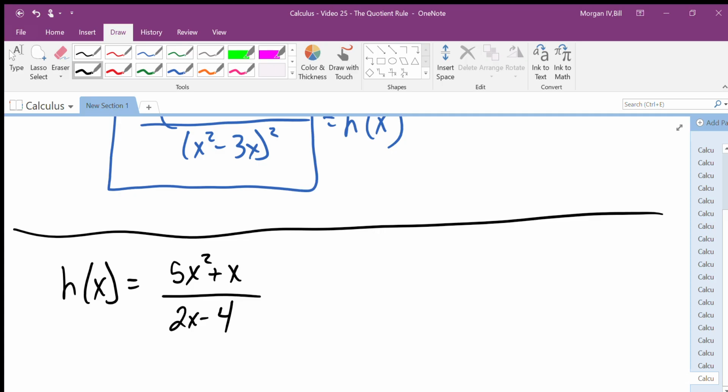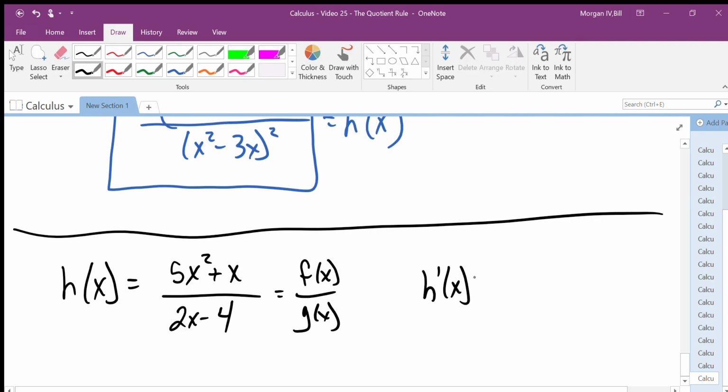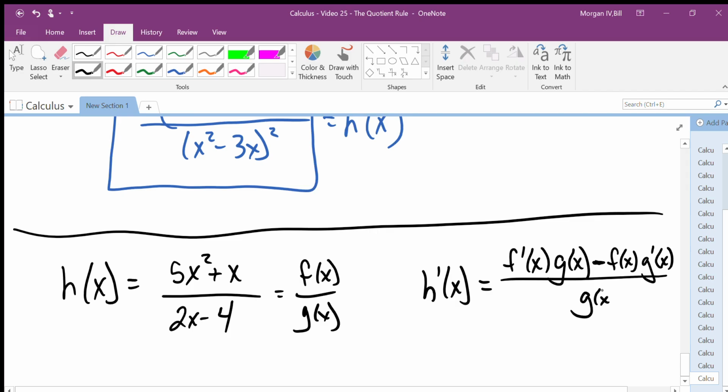All right, we're going to think of the numerator as f of x, the denominator as g of x, therefore h prime of x, just writing out the quotient rule again. F prime of x, the derivative of the top times the denominator, minus the top function times the derivative of the denominator, divided by the denominator squared.